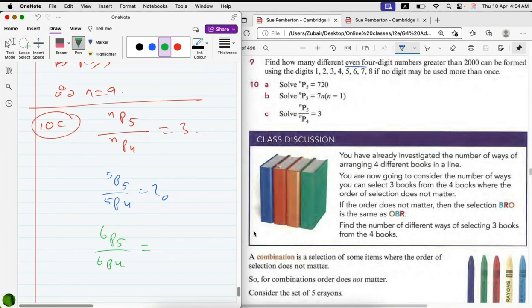We cannot try 4 because I cannot write 4P5. N has to be equal or more than that number. If you try a number less than 4, you'll automatically get a math error in the calculator.